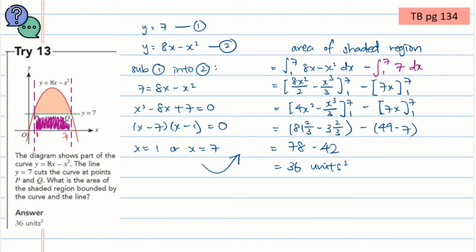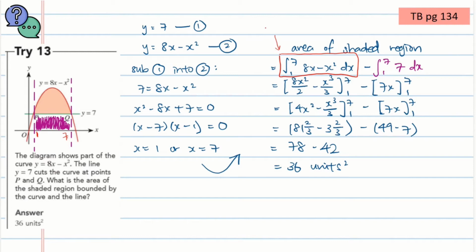Okay, now we apply our concept that we developed earlier. The area of the shaded region will be the area under the curve, which is this part, minus away the area under the line, which I have written in purple already.